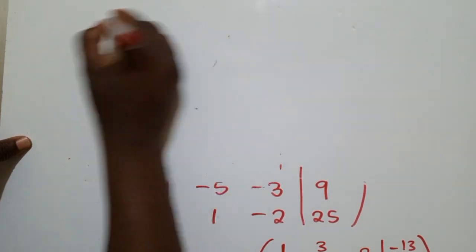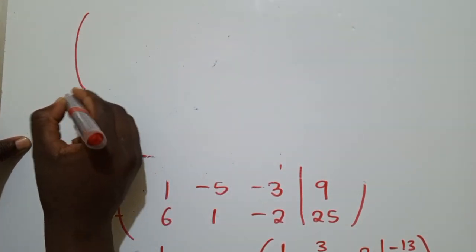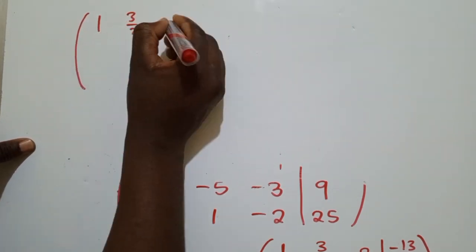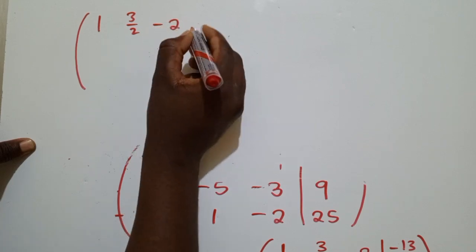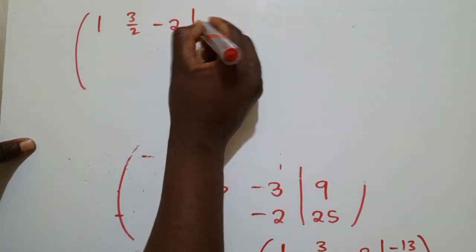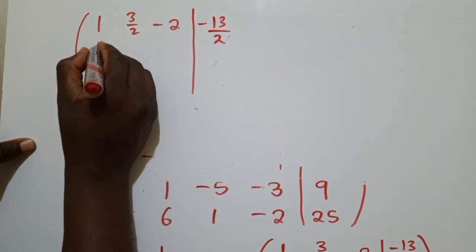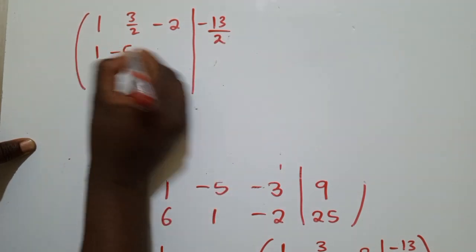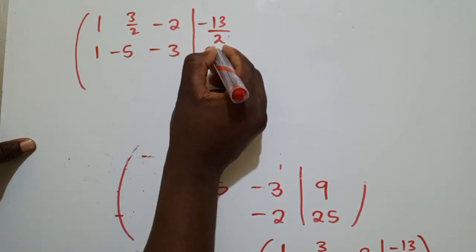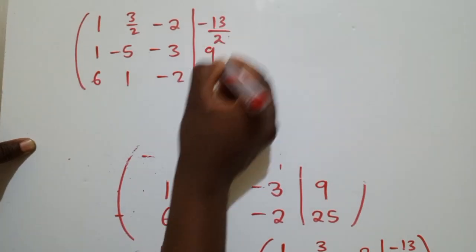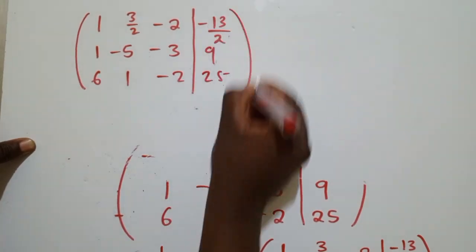I'm just copying; there is nothing like solving. We have 1, 3 over 2, negative 2, a bar, negative 13 over 2. Then a 1, negative 5, negative 3, 9, and 6, 1, negative 2, 25, and a bar.